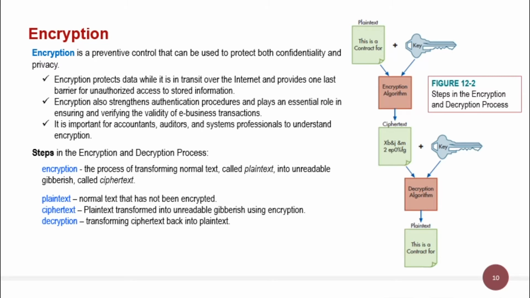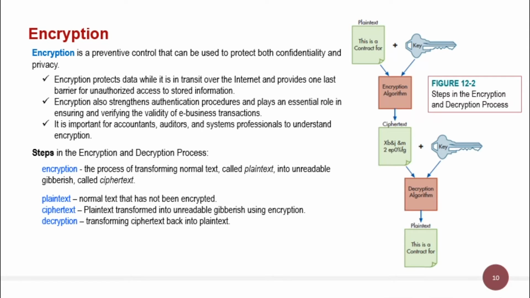Encryption also strengthens the authentication procedure, because the receiver has to get the key to open it, like a zipper. I think it is important for accountants, auditors, and assistants to understand encryption. Steps in the encryption process.